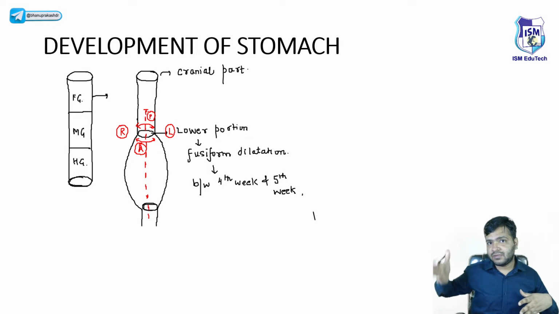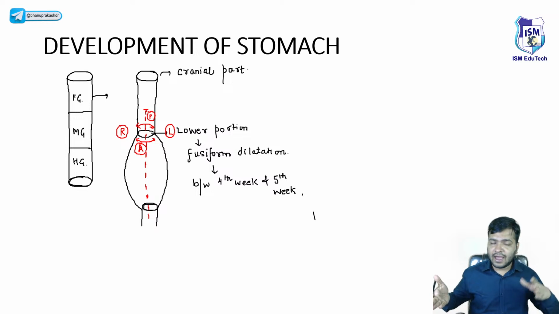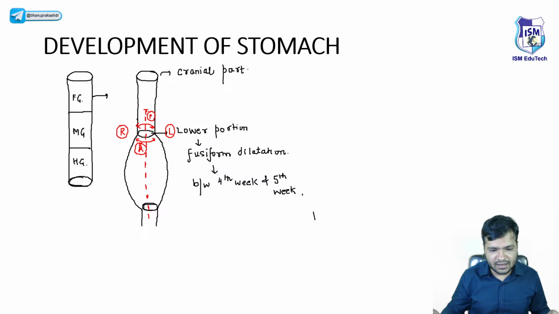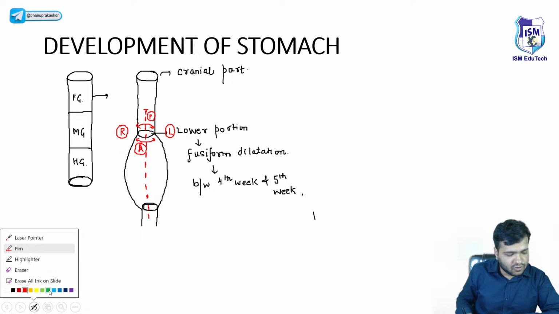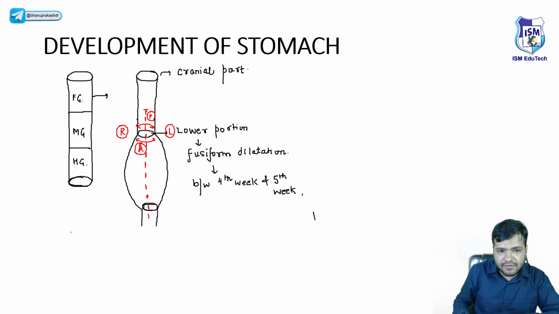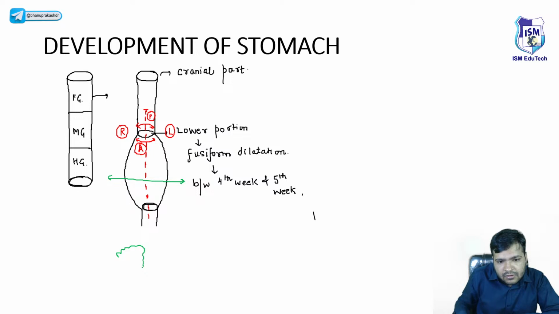This one will be the right part and this one will be the left part, right? So इस तरीके से हमें पता चल गया. अगर इसका मैं क्रॉस सेक्शन देखने की कोशिश करूं, if I just want to see the cross section over here, so guys, it will be like this, right?